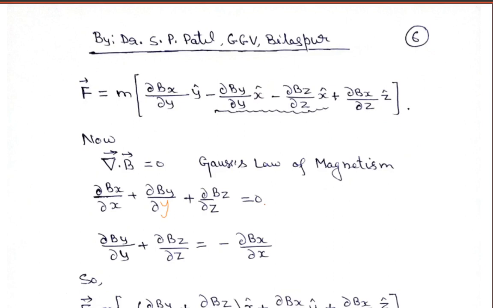Remember, here it should be y. From here, since this is the x component, we can find the y and z components: del by upon del y plus del bz upon del z is equal to minus del bx upon del x.